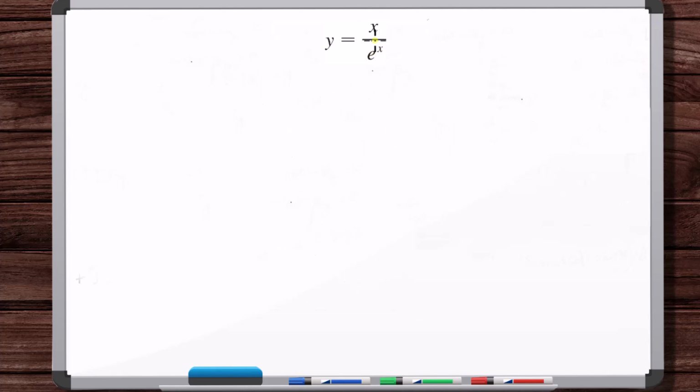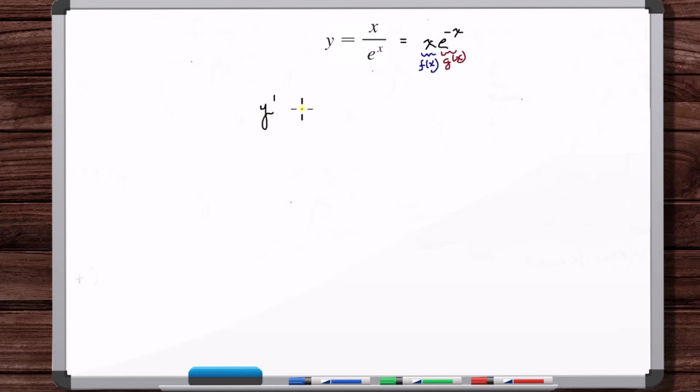We could use the quotient rule here, but we could also write this as x times e to the minus x. So let's go ahead and do that and use the product rule. This is f of x, and this is g of x.